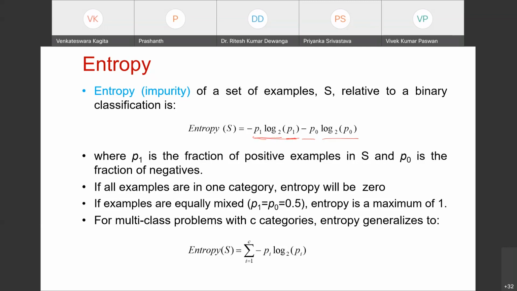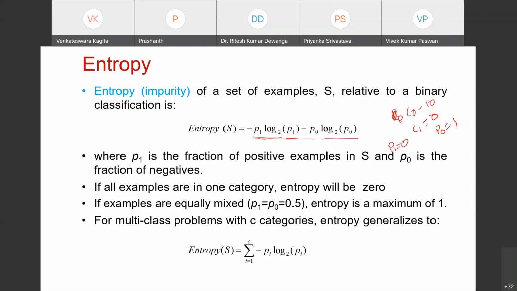When all the examples are in one class, it means what? Suppose all the examples belong to class 0, C0 is 10, C1 is 0. It means all the instances belong to class 0, right? So in that case, what is the fraction of positive examples? P1 is 0, isn't it? And P0 is 1, right? P1 is 0, P0 is 1. Correct.